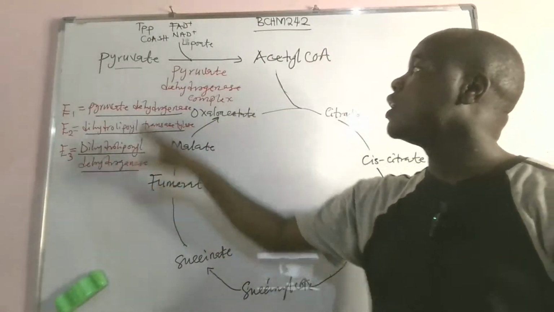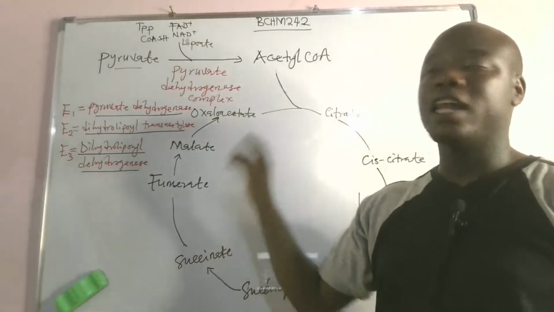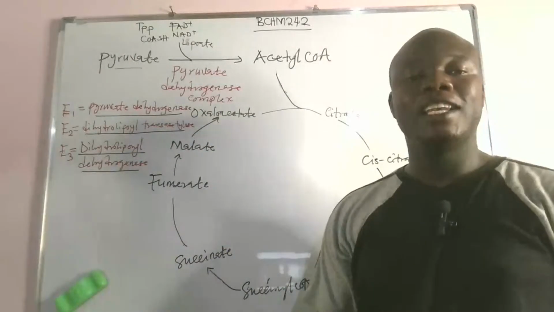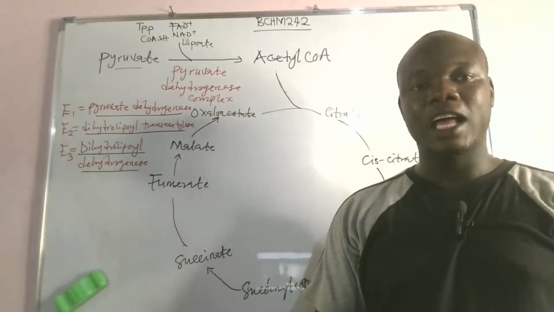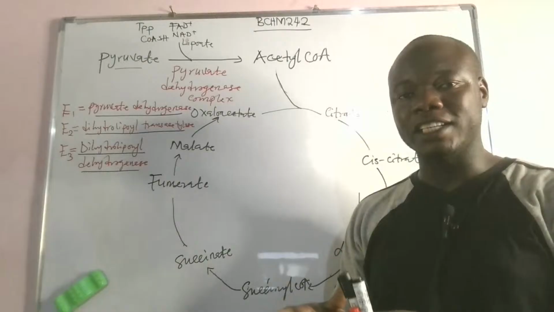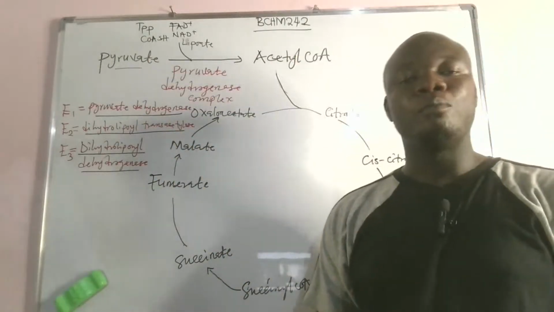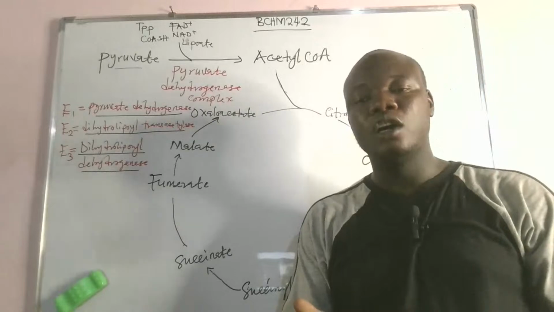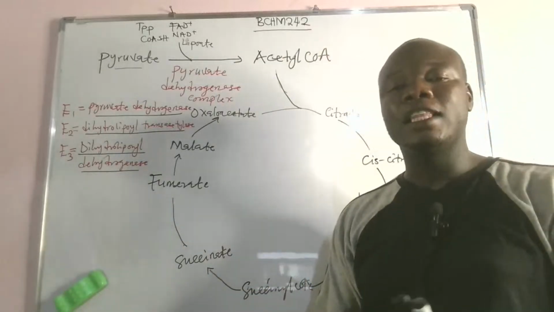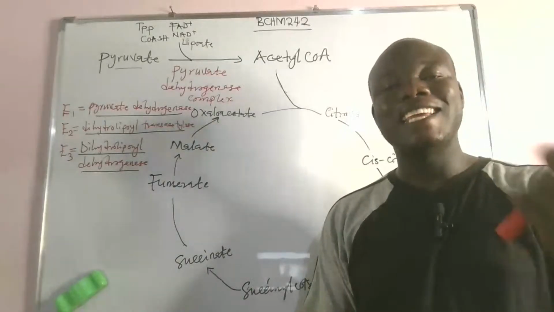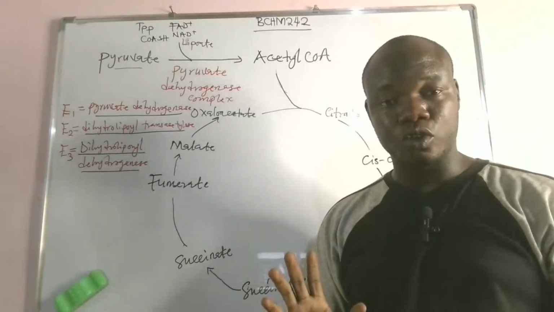So therefore, the pyruvate must be transported to the mitochondrial matrix. And in the mitochondrial matrix, there is an enzyme called the pyruvate dehydrogenase complex, which converts the pyruvate to acetyl-CoA. Because the starting material for Krebs cycle is acetyl-CoA, it is a major fuel that initiates Krebs cycle. So that is what I want you to understand.